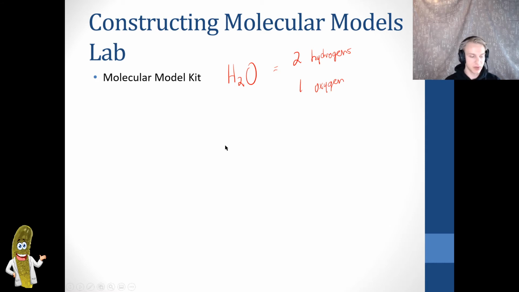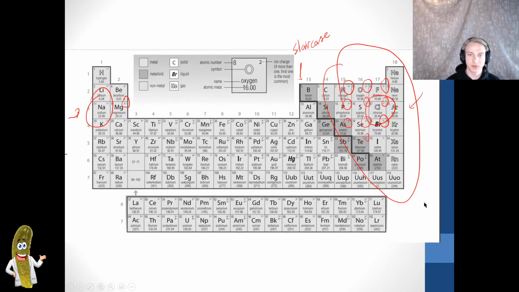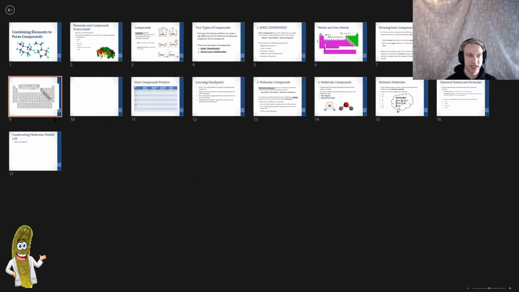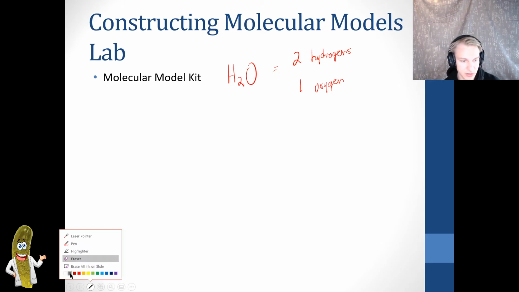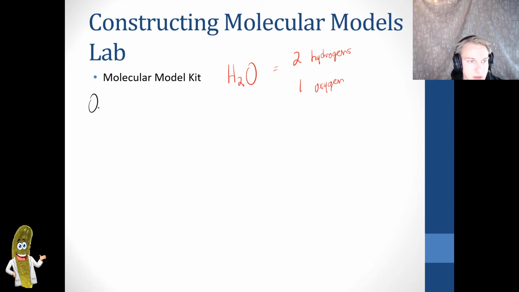So if I go to this periodic table, which is over here, I can see oxygen has an atomic number of 8 and an atomic mass of 16. So when talking about oxygen, 16 was the atomic mass, 8 was the number of protons, 8 is the number of electrons, so the number of neutrons will be 16 minus 8, which is 8.